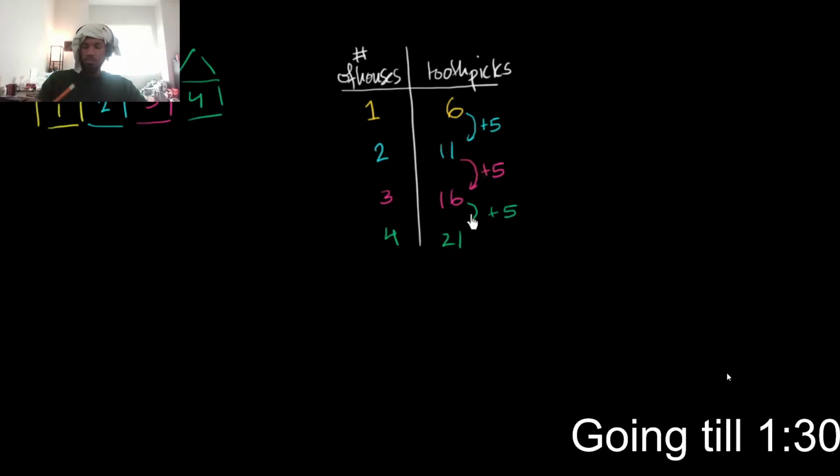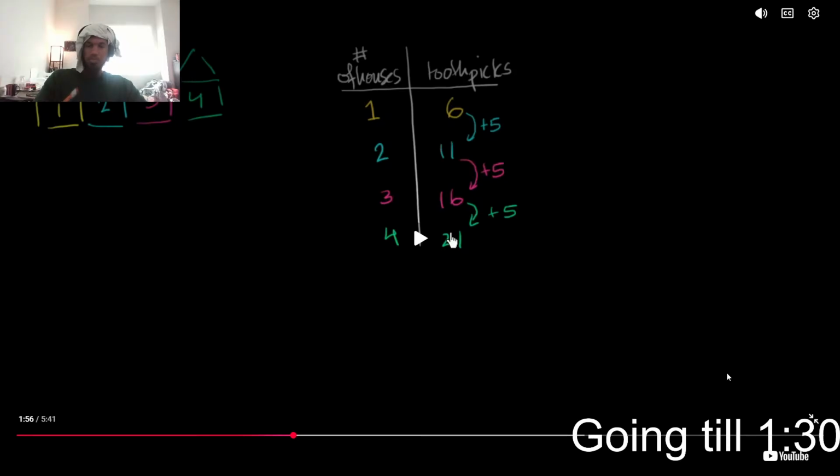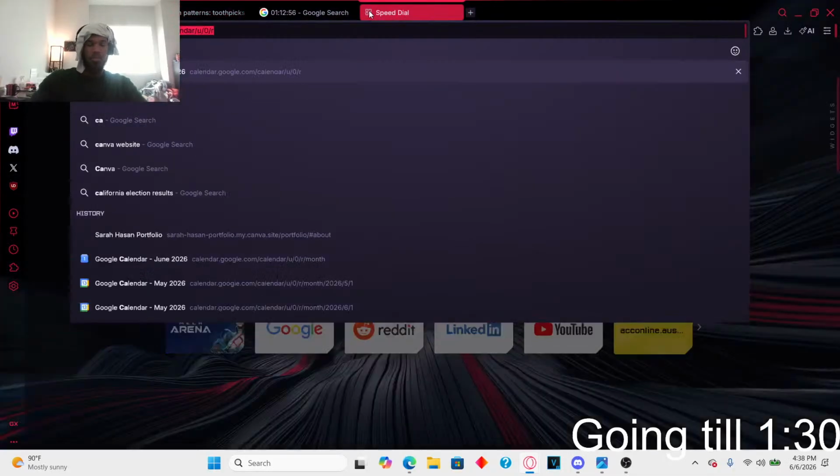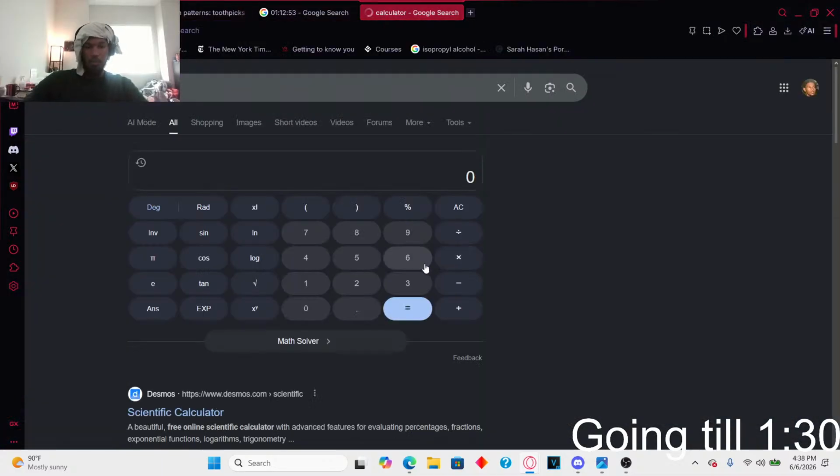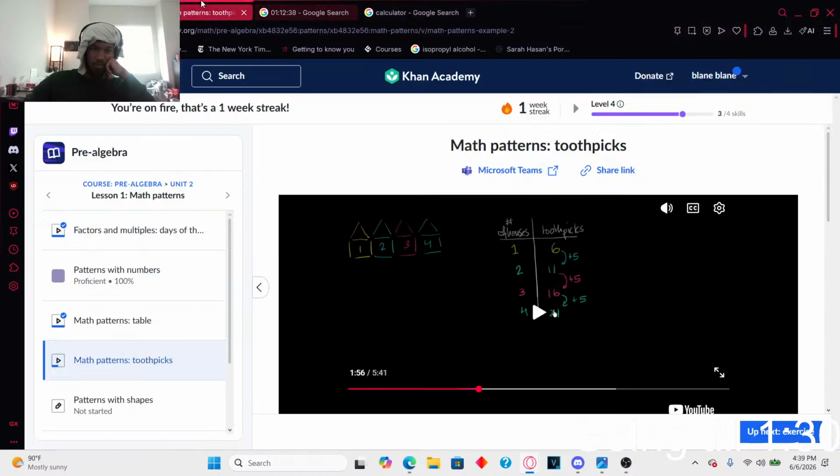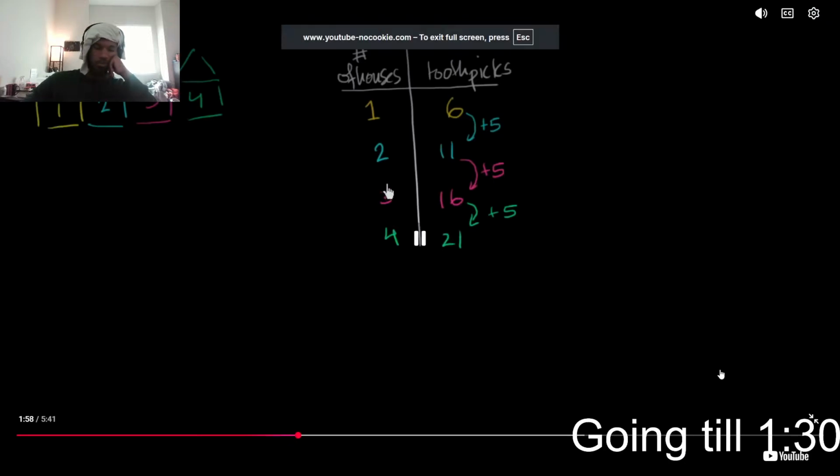And we just have to look at this pattern here and see, can we come up with an equation for each of these actual values?